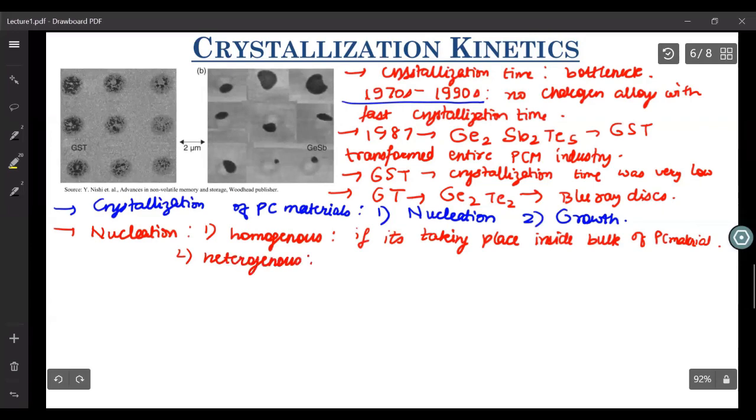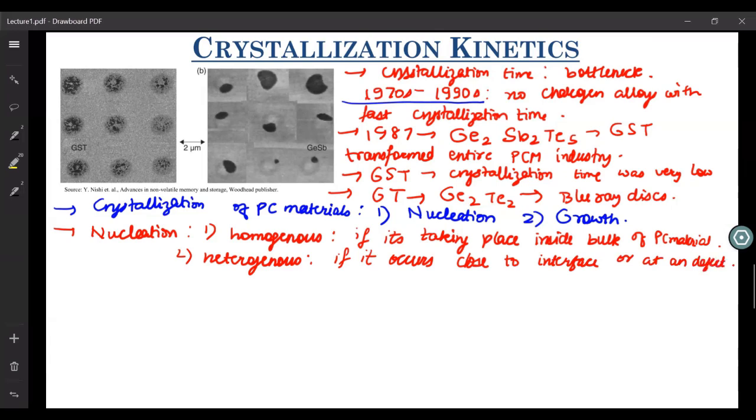When would you call it heterogeneous? If crystallization is occurring close to the interfaces, at the interface, or at any defect. So defect centers also play a major role in enabling crystallization.